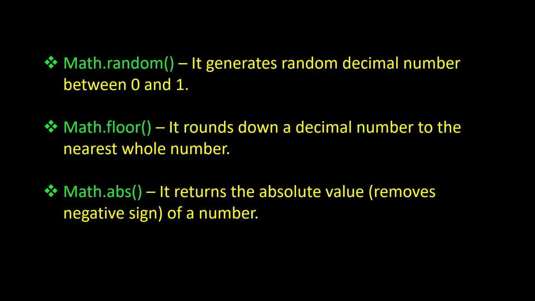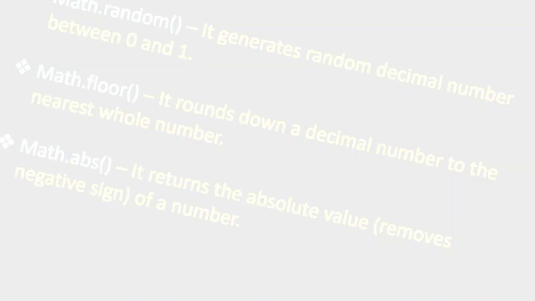Next, we'll use Math.floor, which rounds a decimal number down to the nearest whole number. And finally, we'll use Math.abs, which returns the absolute value of a number. That means it converts any negative number into a positive one. Let's look at how each of these functions works through a few quick examples. After that, we'll move on to writing our final JavaScript code for the project.